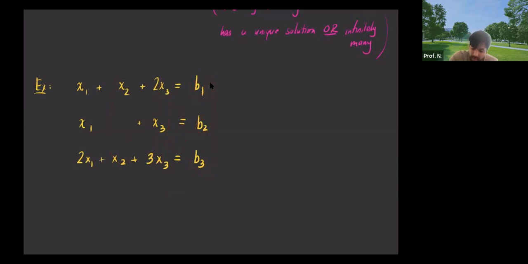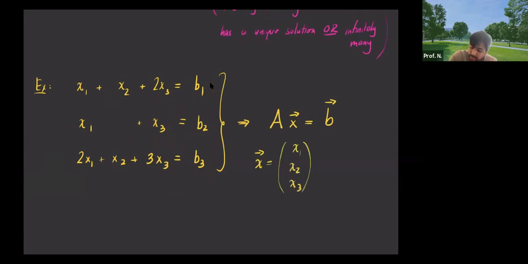When I write this as a matrix equation, I write Ax equals b, where the column vector x is x1, x2, x3, and the column vector b is b1, b2, b3.